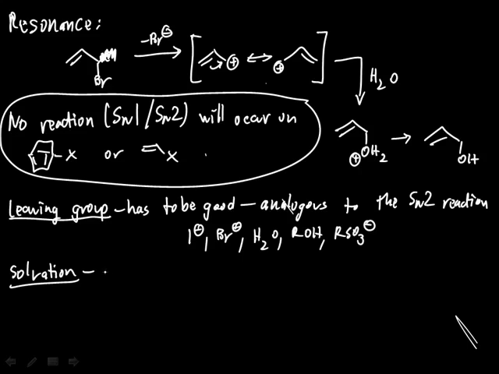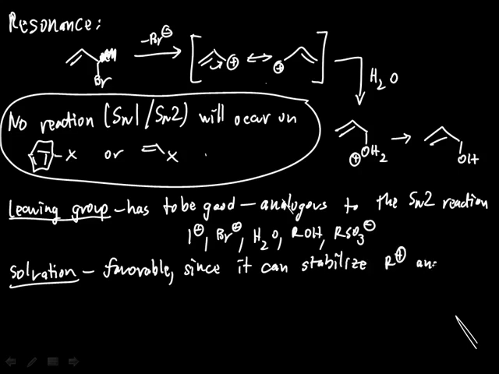And so solvation is favorable since it can stabilize R plus and Lg minus. At the same time, it will make the nucleophile less active, but that doesn't matter much because we don't really need an overly active nucleophile for Sn1 reactions. They will go anyway. Okay?